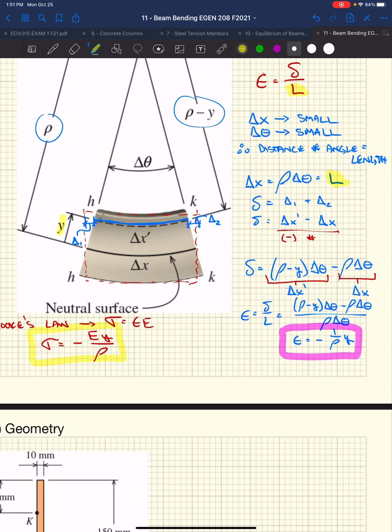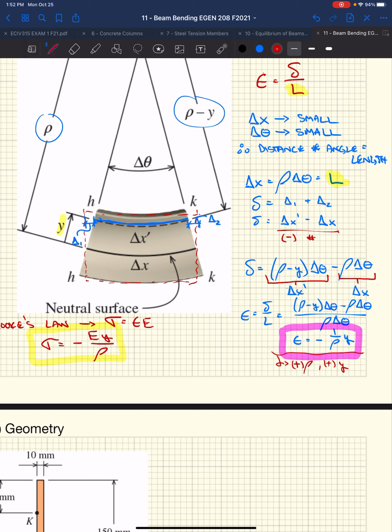Something to note here: if you have a positive radius of curvature and a positive distance from your neutral axis, positive being upward, this is positive y, and this would be a negative y. This is a positive radius of curvature. If it flips over the other way, humping, or a negative bending moment, it would be a negative radius of curvature.